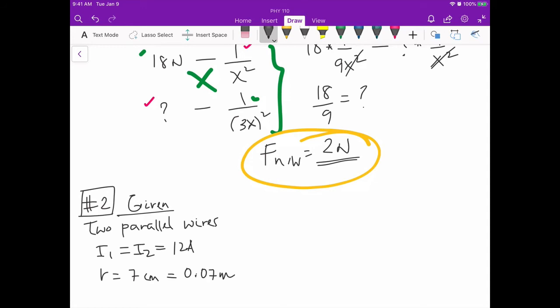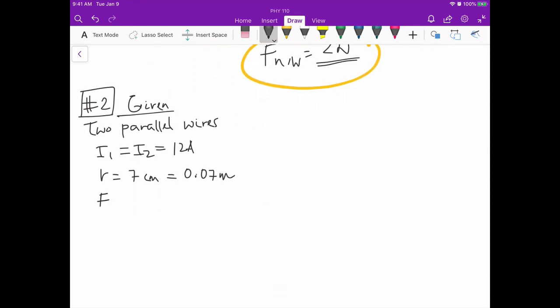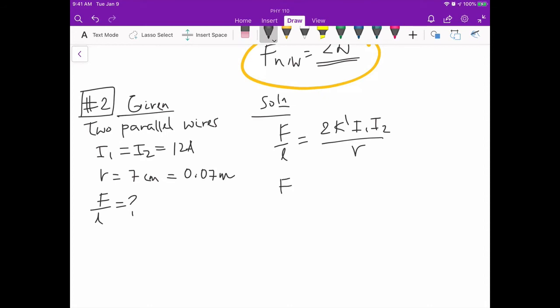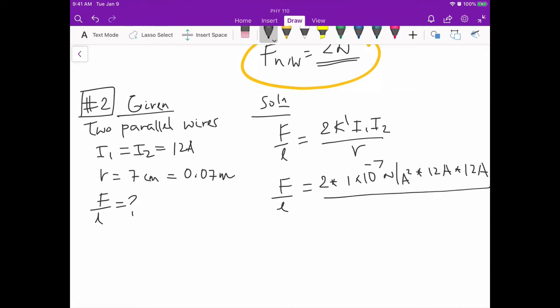Now, what is the magnetic force per unit length? That means you are asked to find F over L. The solution starts with the choice of equation: F over L is equal to 2k prime I1 I2 divided by R. So F per length L equals 2 times your k value, 1 times 10 to the power of minus 7 Newton per ampere squared, multiplied by 12 ampere multiplied by 12 ampere divided by the distance.